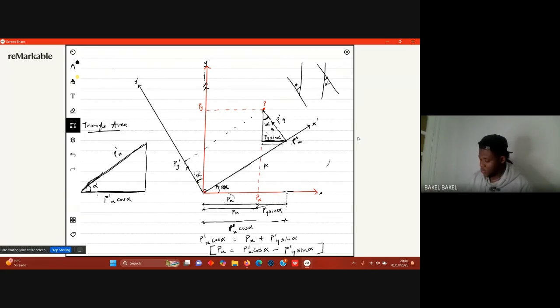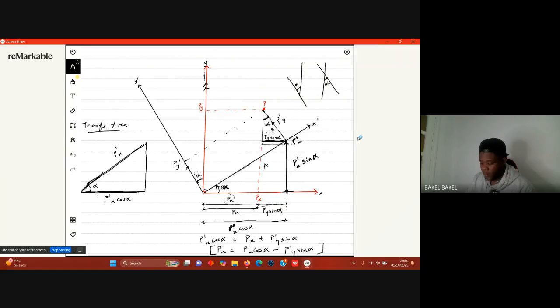Now we have this down here, and remember this hypotenuse is still P1x, right? So this horizontal would be Px prime sine alpha. That makes sense, right?